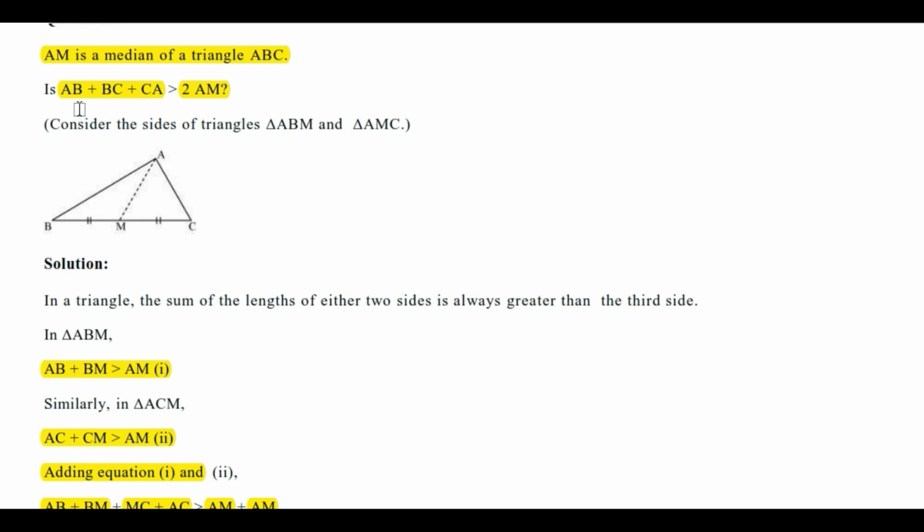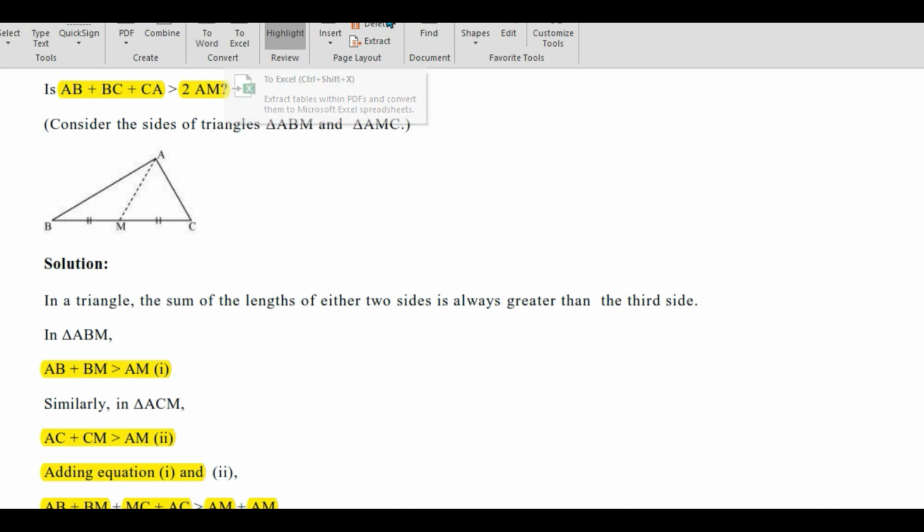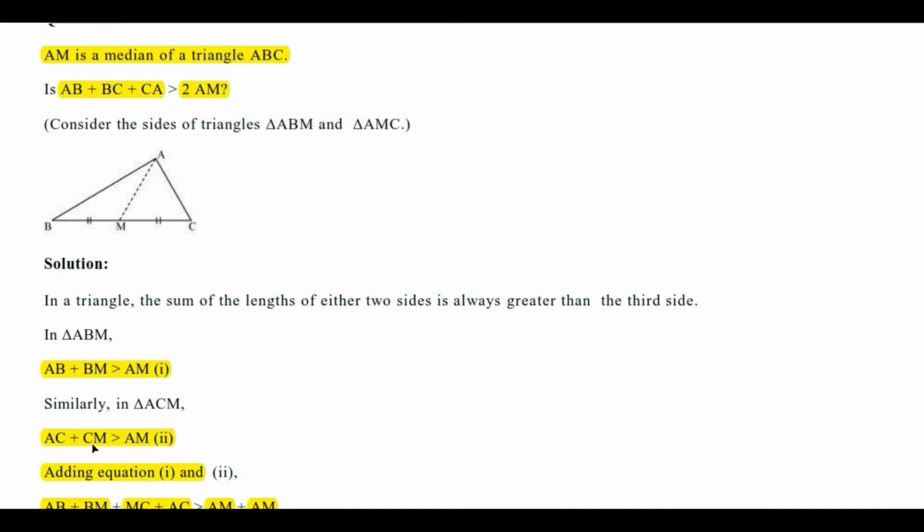Now we have AB. Now from where will we get BC? See, while adding BM and CM, what is BM? BM is this, and what is CM? CM is this.